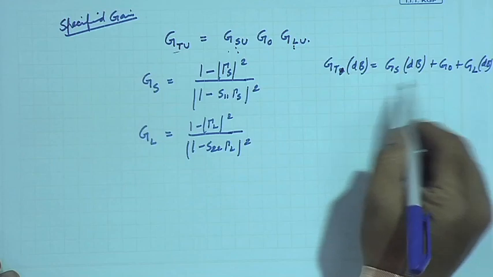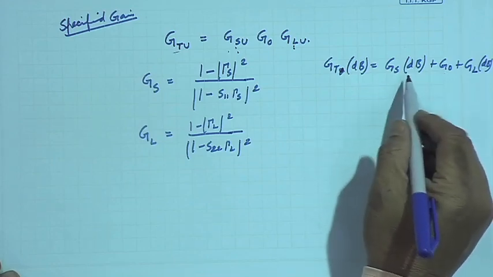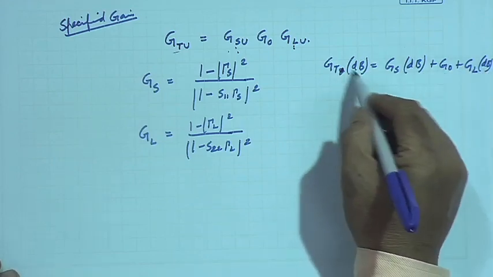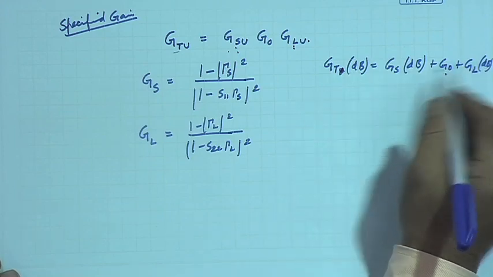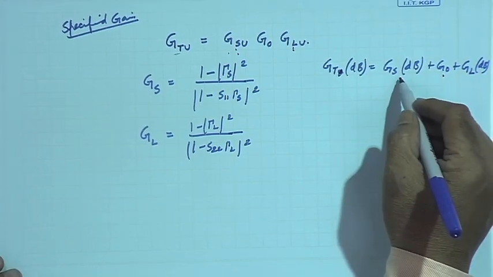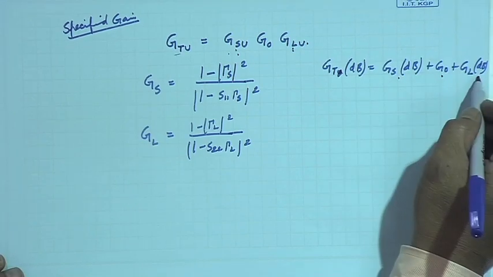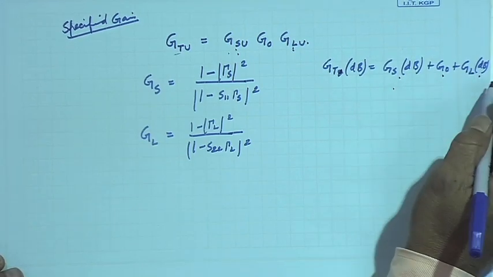Suppose 11 dB is required and this is 8 dB. So, 3 dB, now it is up to me to distribute, either I take 2 dB here, 1 dB here, or 1 dB here, 2 dB here.